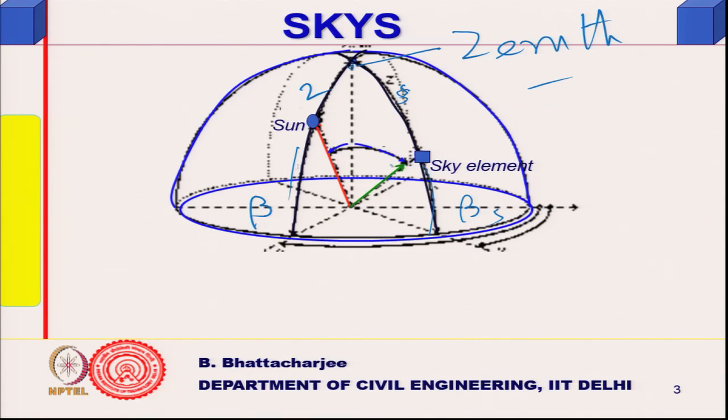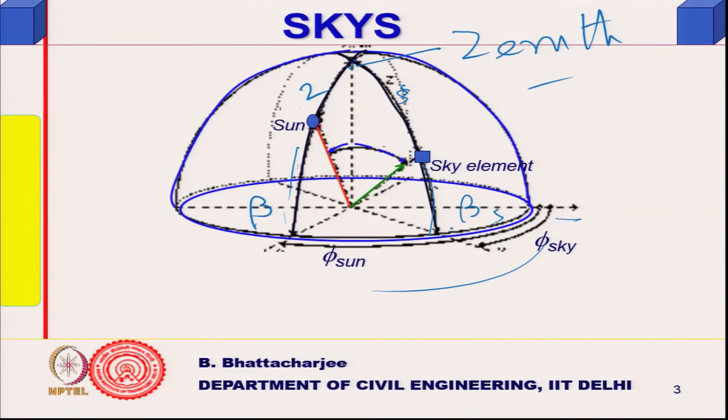The angle between these two I will define in a minute. The sun's position is defined by two angles, one is the altitude angle beta, the other is the azimuth angle from north. So, if this is north on the horizon, then this is the azimuth angle of the sun.